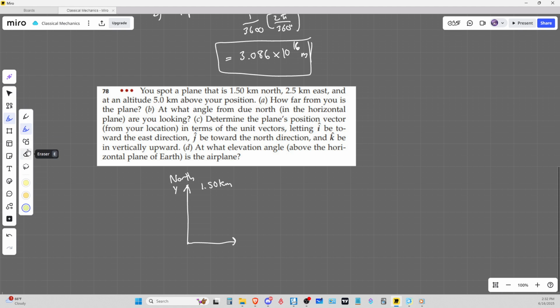Let's erase this. And we'll write east here. So the vector we're dealing with is y plus kilometers east. Oh, whoops. No, it should be the other way around.